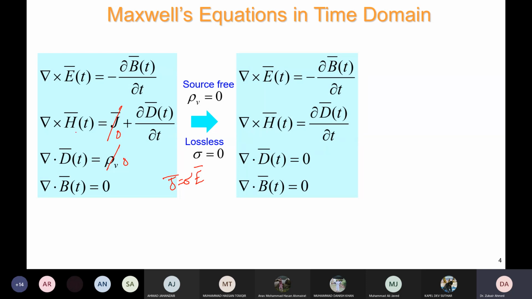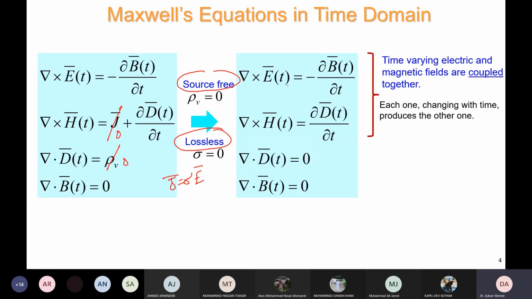So these four equations become simplified, and for source-free and lossless media such as free space, the Maxwell equations will become like this. The J term becomes 0 and the rho V term also becomes 0.